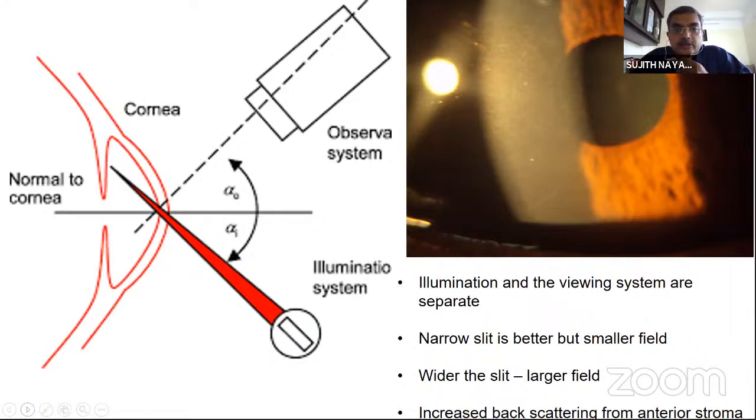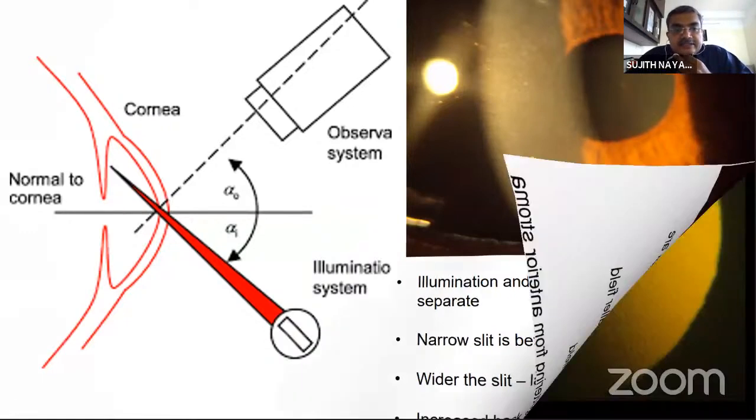Here the problem is the increased backscattering from the anterior stroma, especially if there is corneal edema or some other anterior pathology, the light gets scattered and you don't get a clear image. When the slit is narrow, you get a better image but a smaller field. When you have a wider slit, you get a larger field, but less clarity and less resolution.